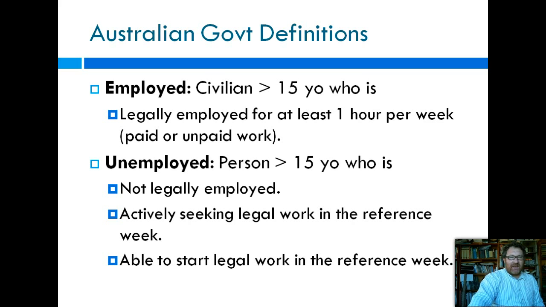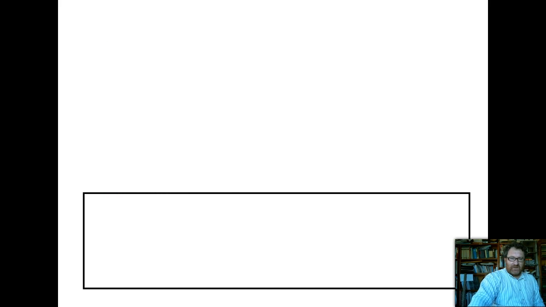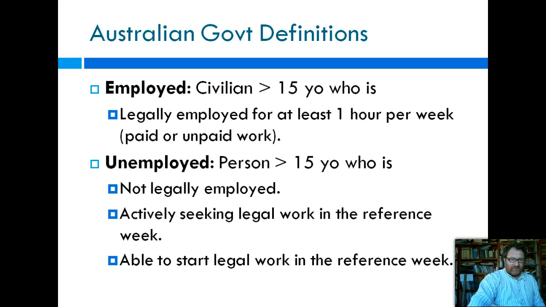And they are able to start legal work in the reference week, that is, in the week in which they are asked by the Australian Bureau of Statistics. If you meet those criteria, then you are classified as unemployed. So a person over 15, not legally employed, actively seeking work, and able to start work in the week in which you're asked. So that's our definition of unemployed.